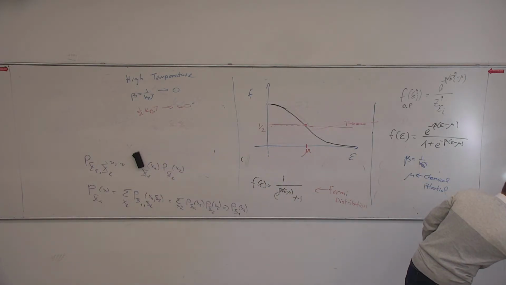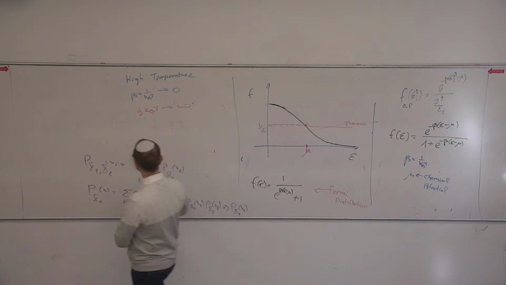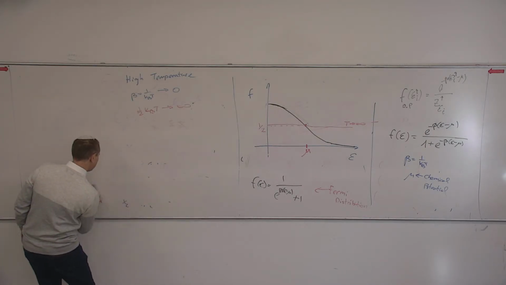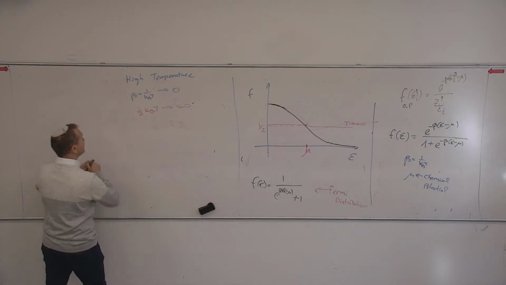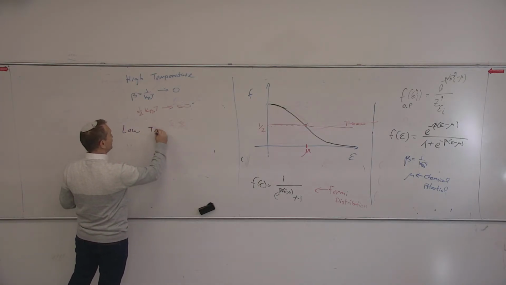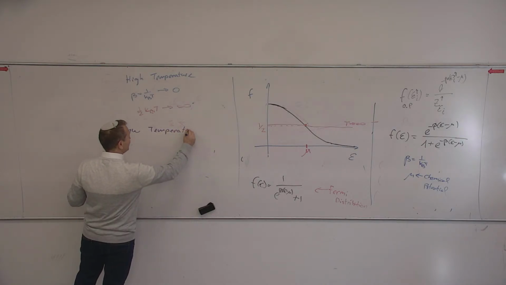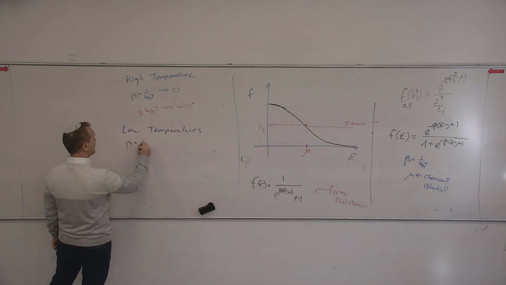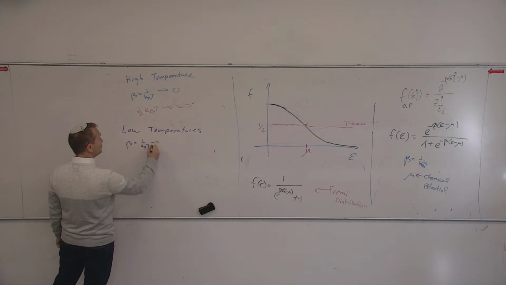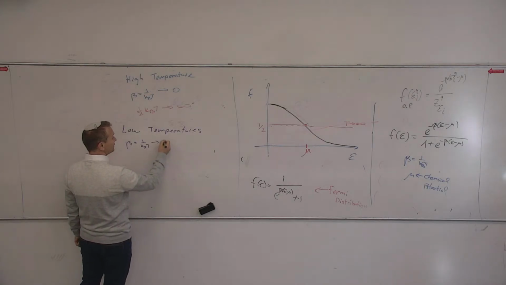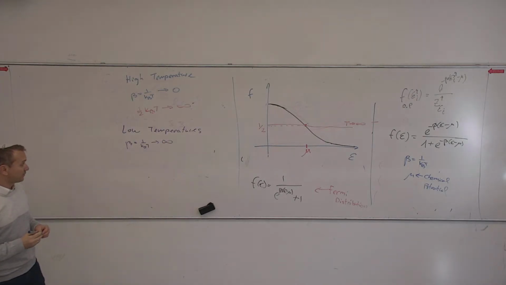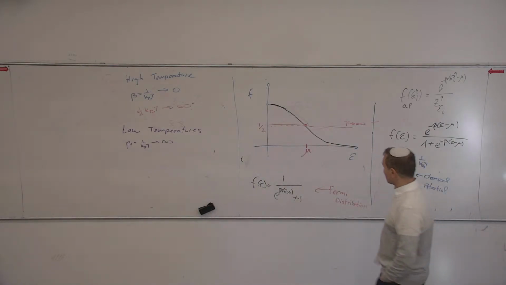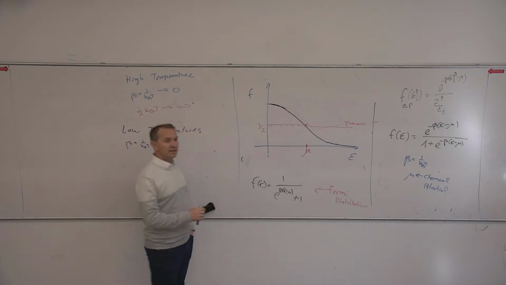What happens for low temperatures? For low temperatures, beta equals 1 over k Boltzmann T goes to infinity. Here it's a little bit of a different story. Mu plays a major role.